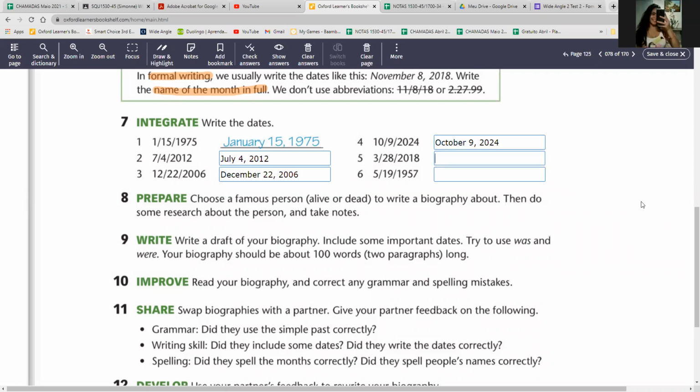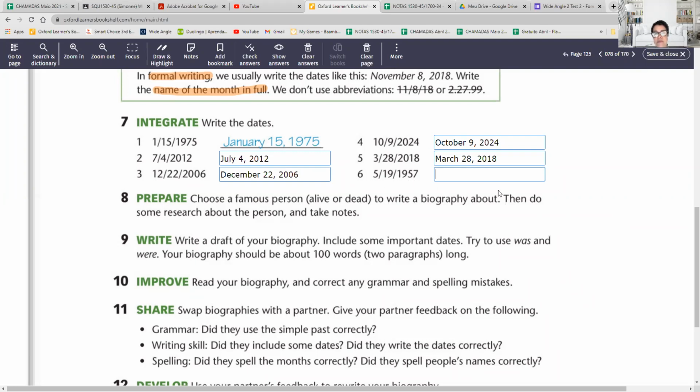Number 5, March. March, pronunciation. March 28th, then the year 2018.